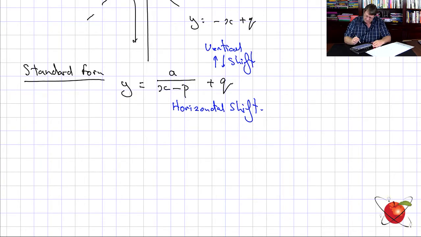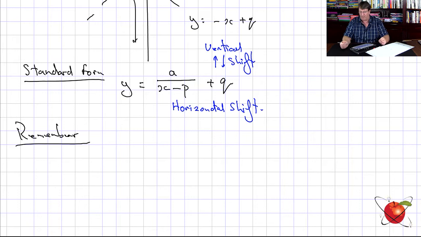Now, the same things apply, except let's just think first of all. Remember, let me just make a note here, back to black. Do you remember when we looked at equations where we had fractions?